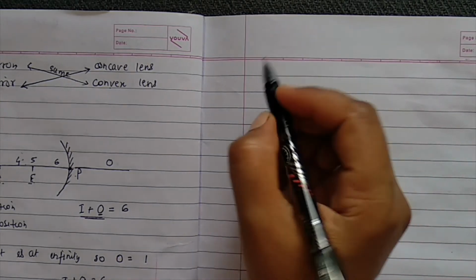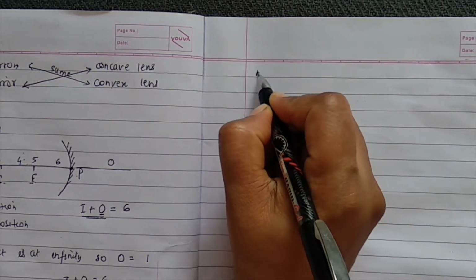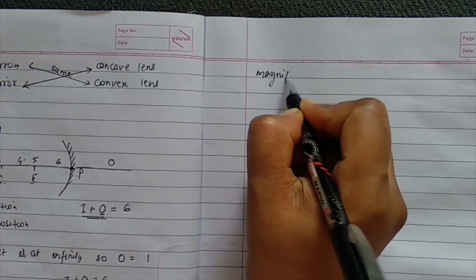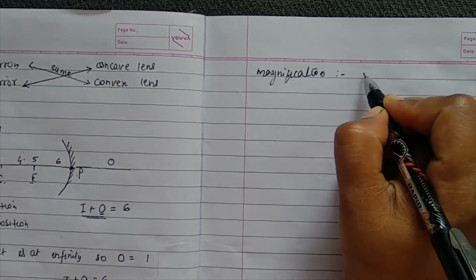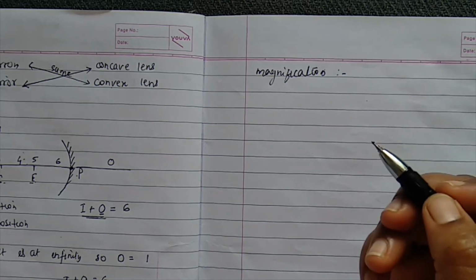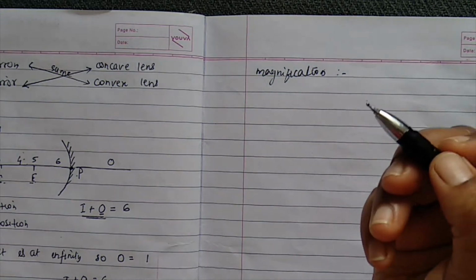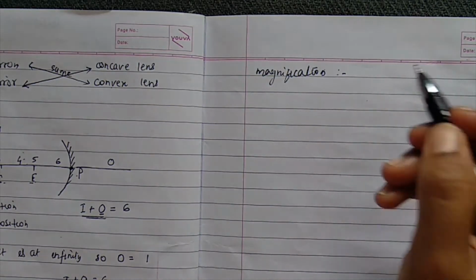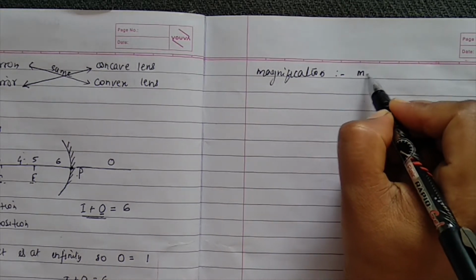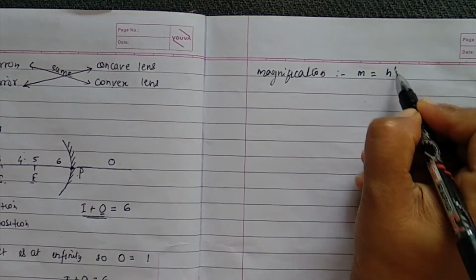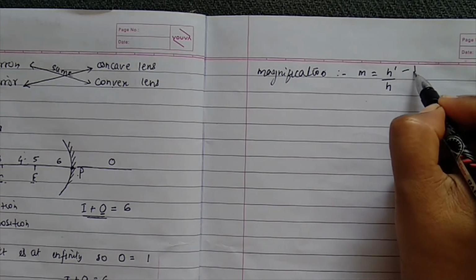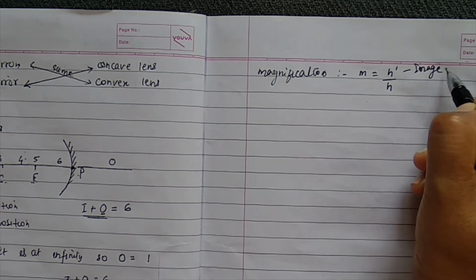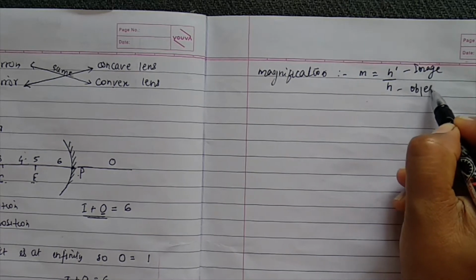Okay, let's talk about magnification. Magnification is nothing but, compared to the object, what is the size of the image. So magnification is nothing but the size of the image upon the size of the object. This is image and this is object.